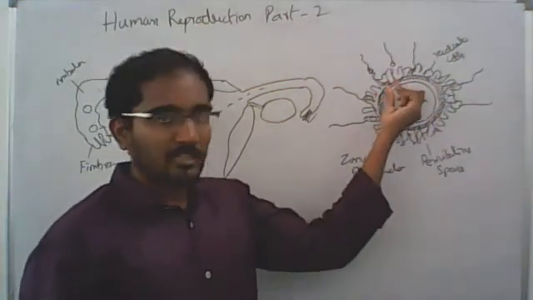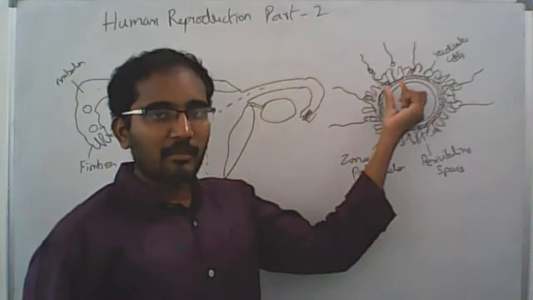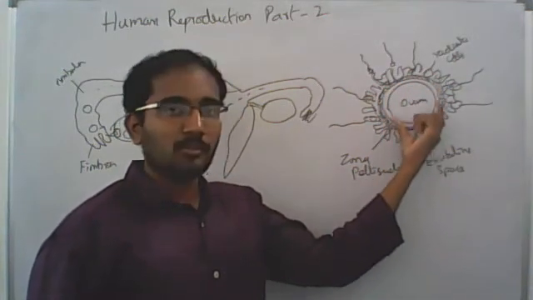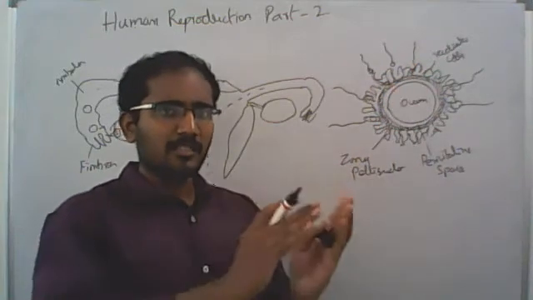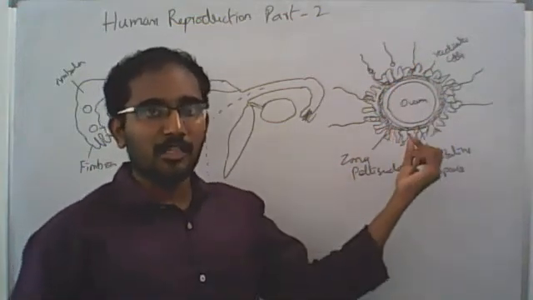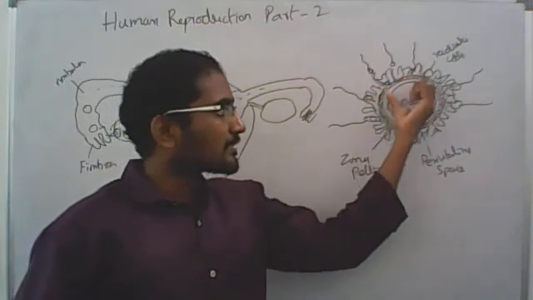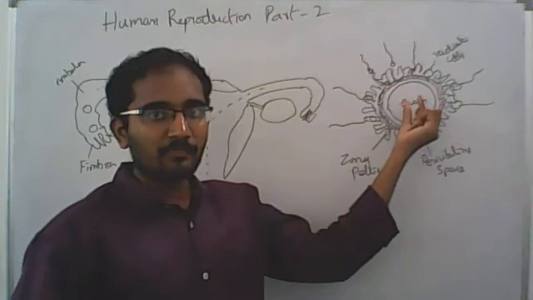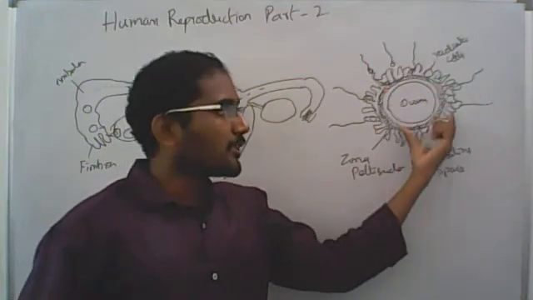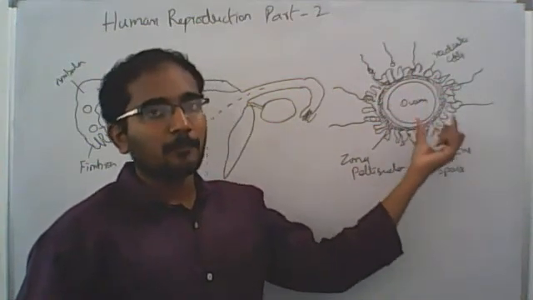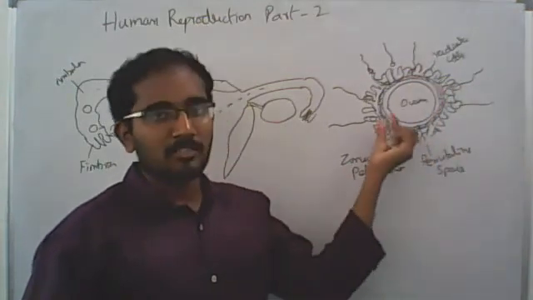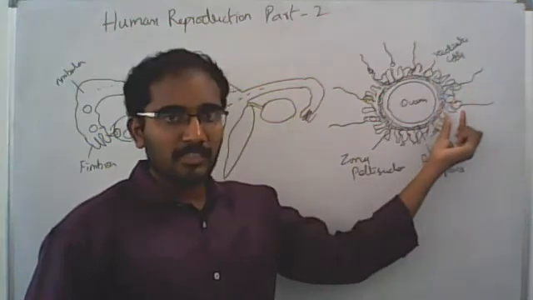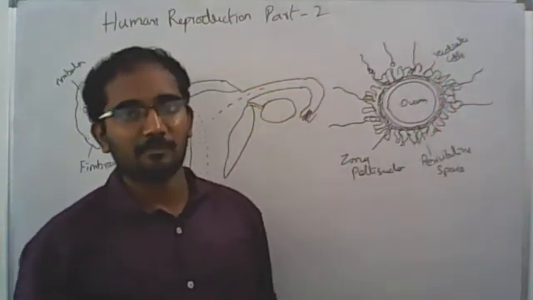The zona pellucida layer transforms into different chemical structures. So this new layer prevents other sperms; if other sperms try to enter, they can't enter at that time.